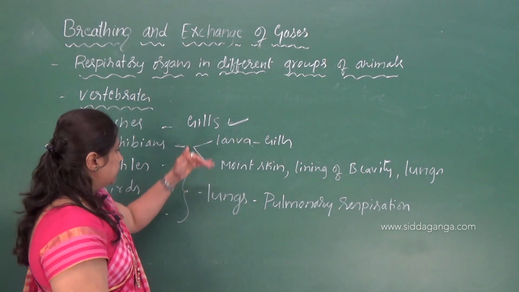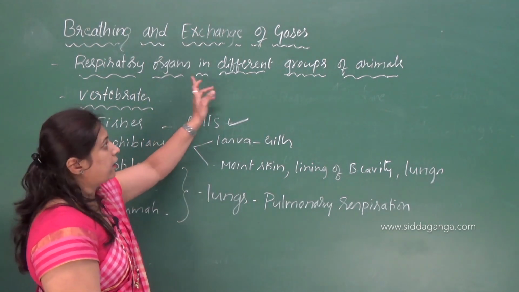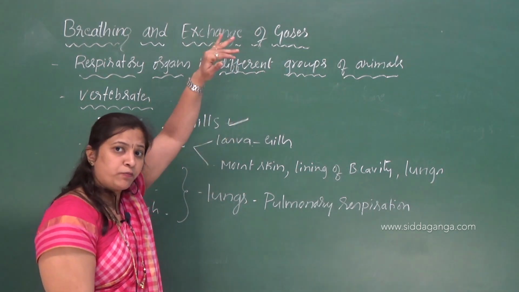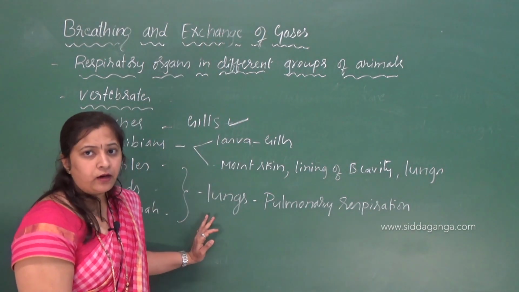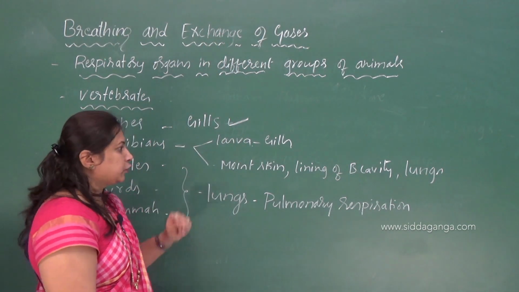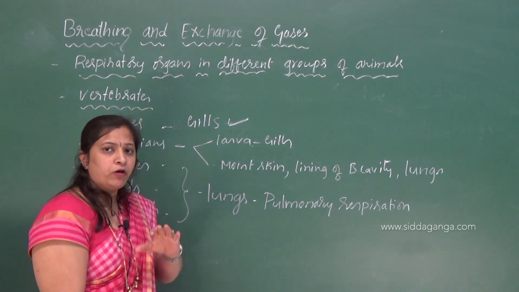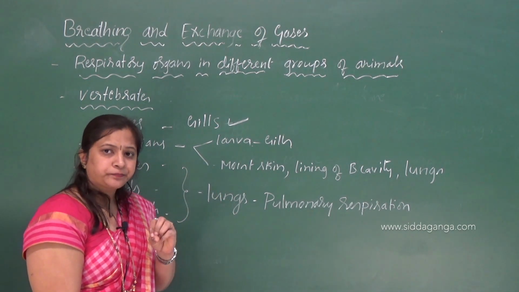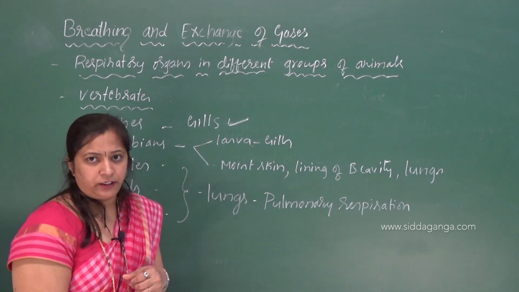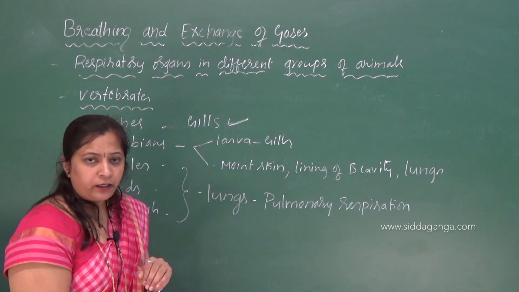So these are the respiratory organs in different groups of animals from Protozoa up to the higher animals. The nature of the respiratory organ and mechanism of breathing mainly depend upon the habitat and the level of organization. Understood clearly? Okay.